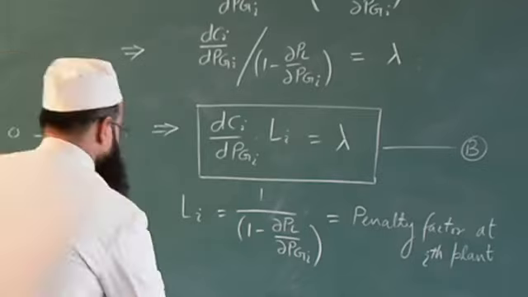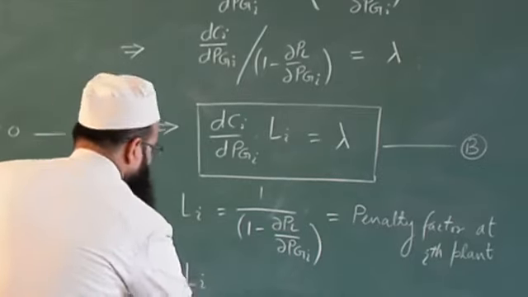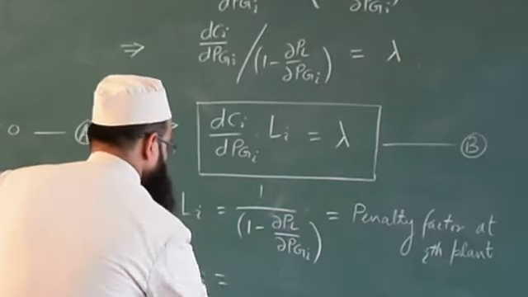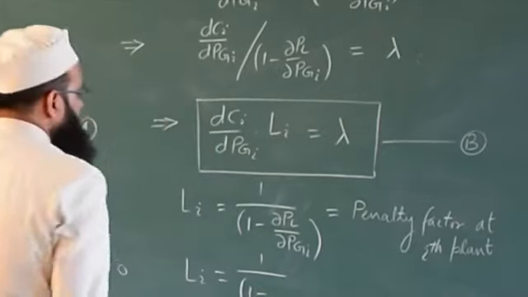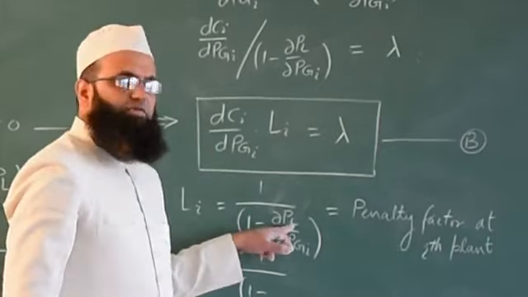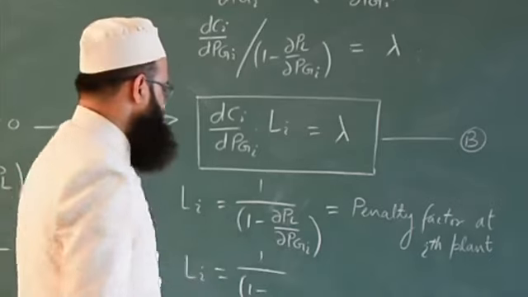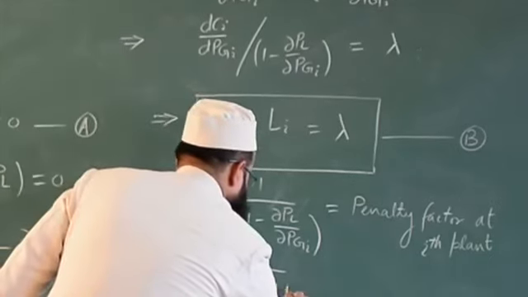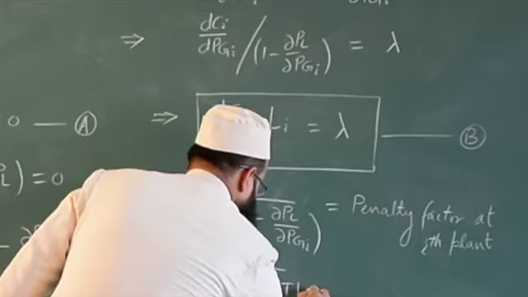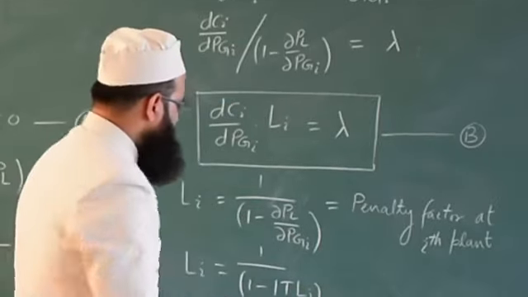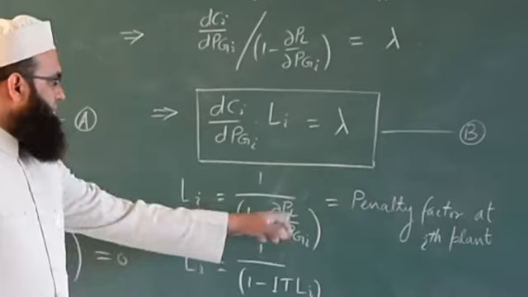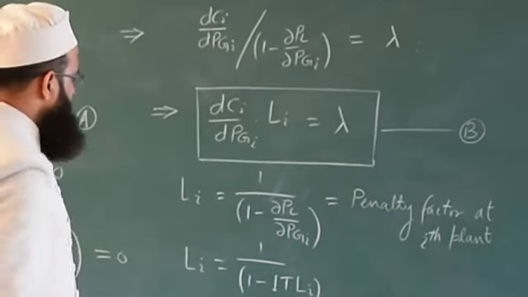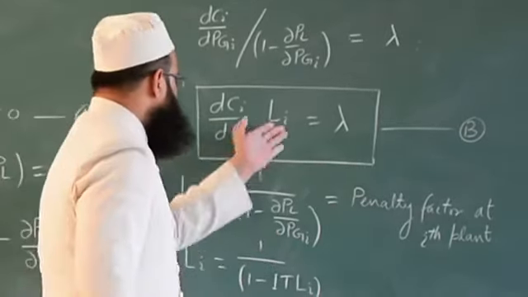So Li, the penalty factor, can further be written as 1 upon 1 minus ITLi, the incremental transmission loss at ith plant. What is ITLi? Incremental transmission loss at ith plant, that is del PL upon del PGi.